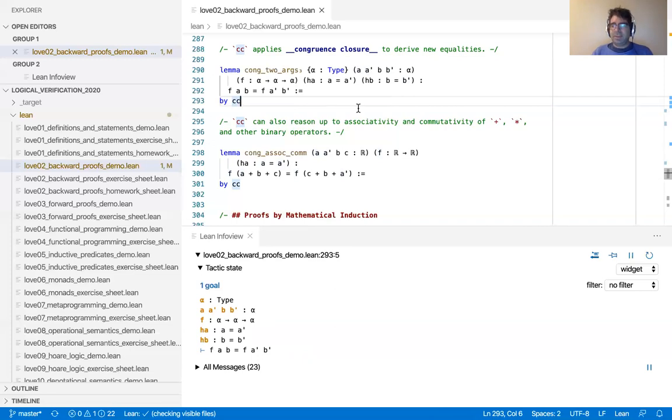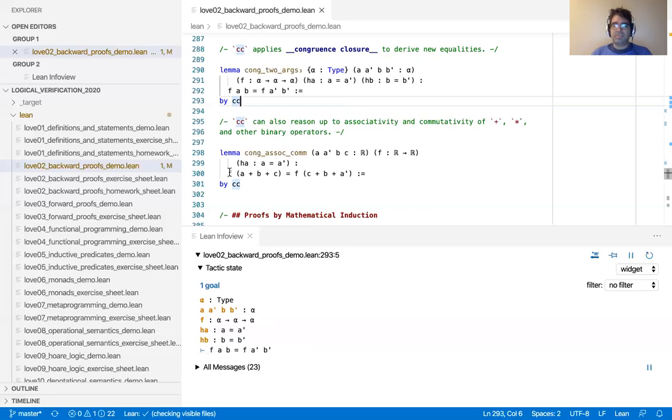cc is very nice sometimes to reason about equalities. It also has another magic power, and often we use it for one and often for the other, and sometimes for both in combination: it knows that binary operators, the usual ones, addition, multiplication, and so on, are associative and commutative.